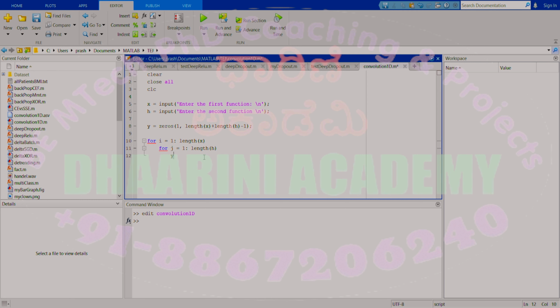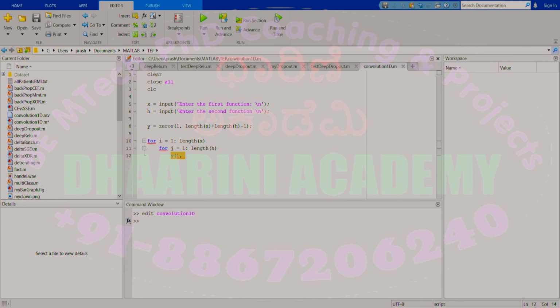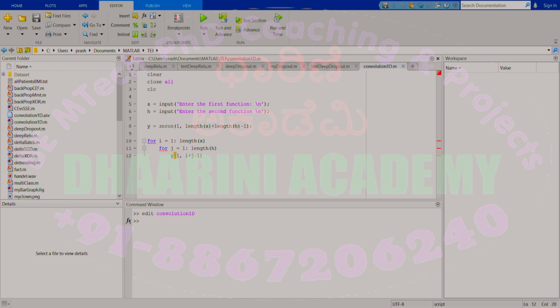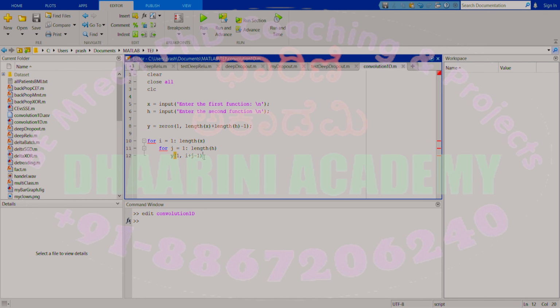Directly I create y. So y of, there is only one row, but I have to make the index in such a way that, you see, this is I, first one is I, it starts from 1, I plus j minus 1. I know that because every time the length is I plus j minus 1, right? That index I'm trying to create is equal to its past value. So y of 1 comma I plus j minus 1.